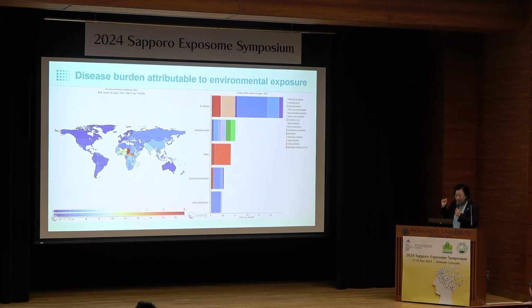And regarding environmental exposure, by generating evidence regarding exposure-outcome pairs, I guess there are now about 800 pairs generated from the best availability of the evidence. Then the disease burden at the global level and national level has been used for policy.